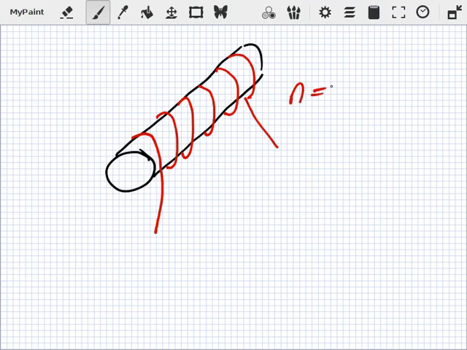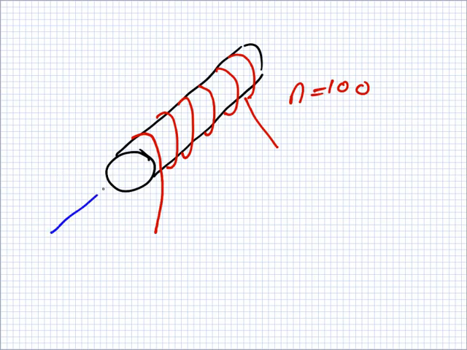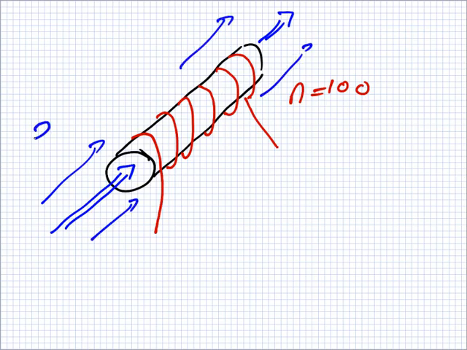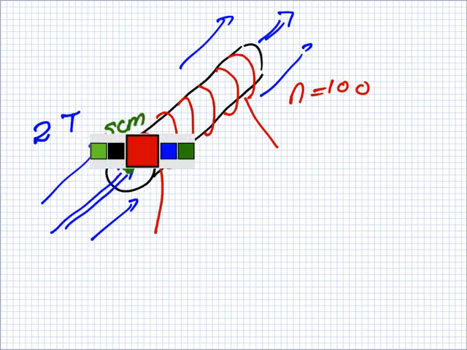Was it 100 times? And there's a magnetic field going through this way of 2 Tesla. And lastly, I tell you what the radius is here. What is it? 5 centimeters.